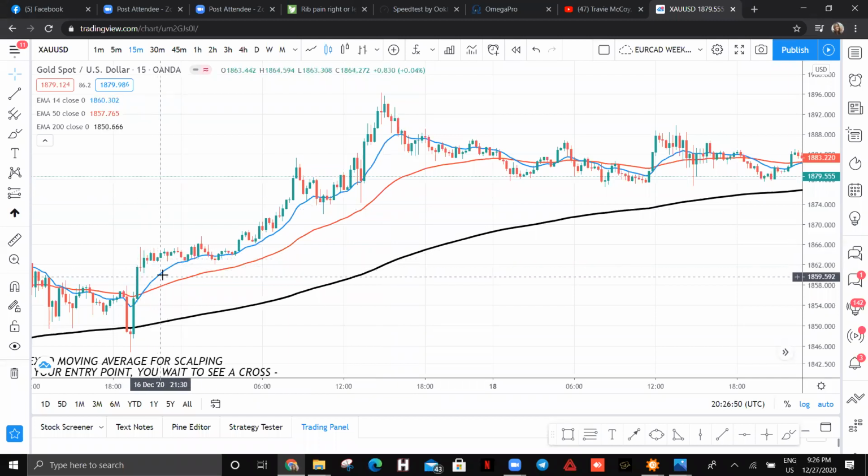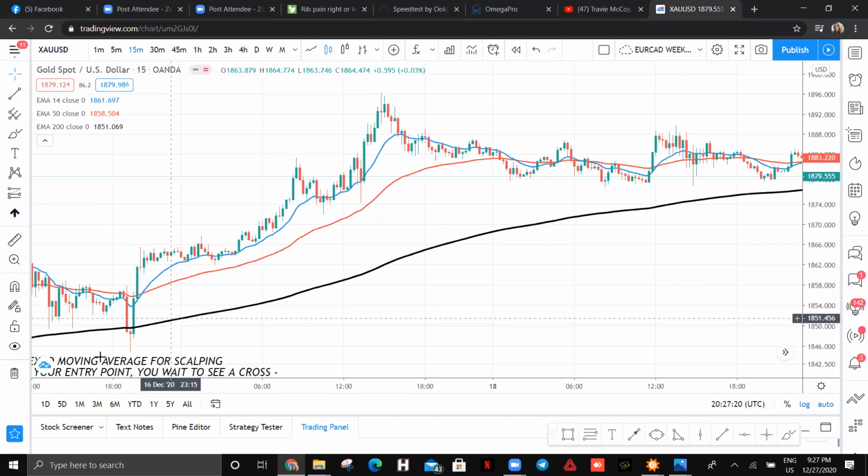Remember, the blue is the 14 EMA, the red is the 50 EMA, and the black is the 200 EMA. Now, the black acts as support and resistance, like I told you. If price is above the 200 EMA, it shows that we're going to look for buy opportunities, that is, an upward trend, using your 4 hours time frame to measure it. If price is below the 200 EMA, you are looking for sell opportunities when you want to take an entry on the 15 minutes time frame.